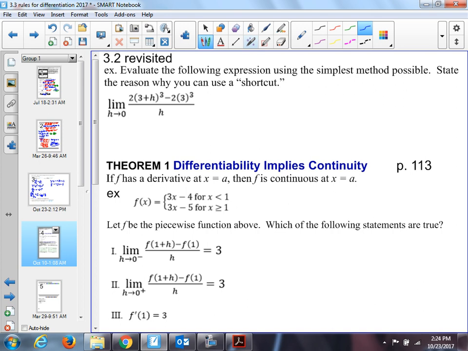Think back to this, it's the slope formula, right? And you're thinking this would be like 2 times a plus h cubed, right?